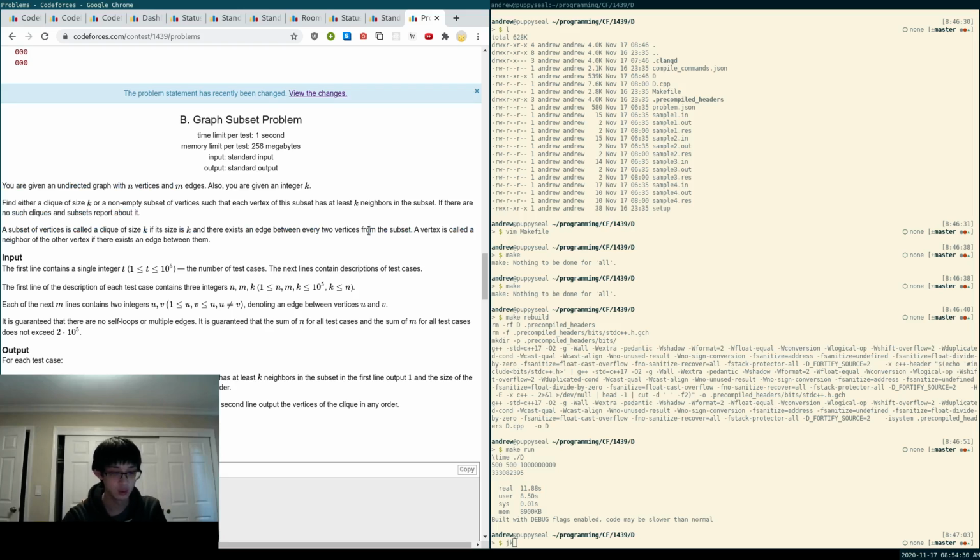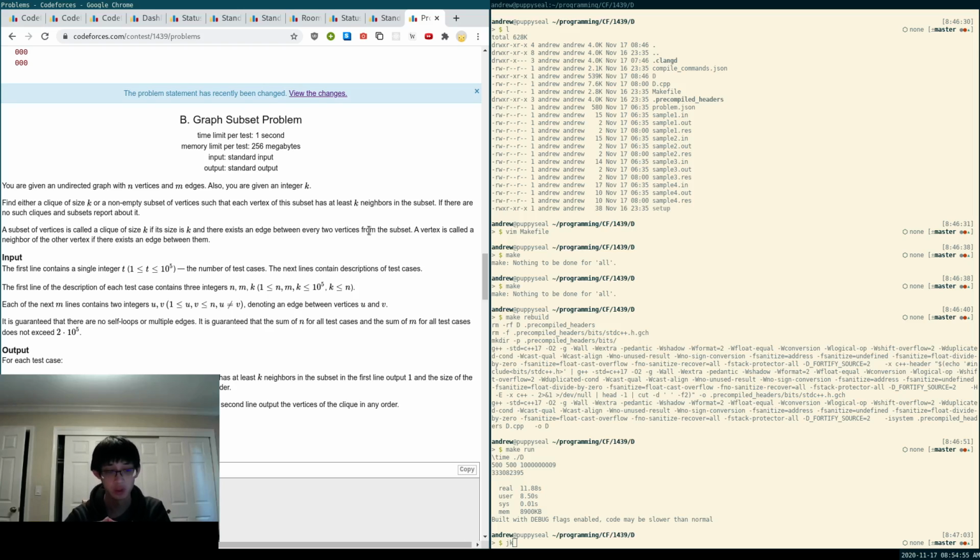So you can just remove every vertex that has degree at most k minus 2, and that'll remove some edges, which might decrease some other vertices' degrees, and then you can iteratively remove everything that has degree at most k minus 2, and keep going. Eventually you're left with a graph such that everything has degree at least k minus 1.